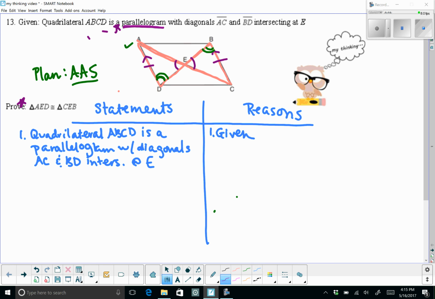In step two, this is when I want to start chipping away. So a good rule of thumb is anything that I mark, I should be writing. So the first thing I marked was the vertical angle. So I can say angle AED is congruent to angle CEB by the vertical angle theorem.